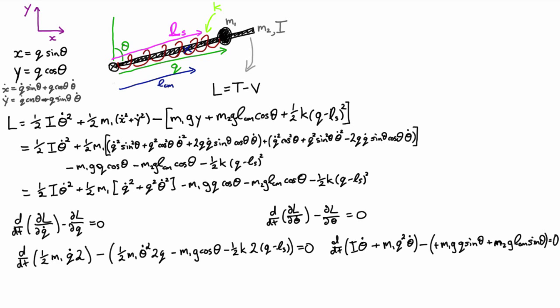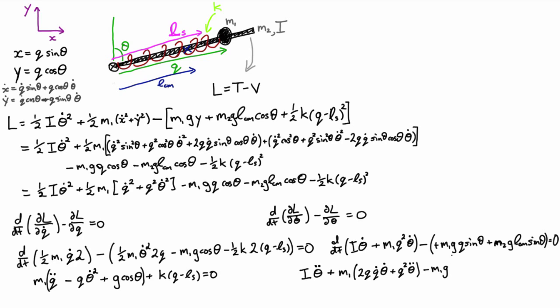Two equations, indeed two unknowns. Now this term I've got two things that depend on time, so when I take my derivative I need a product rule. So there are my two equations, call them equation 1 and equation 2.